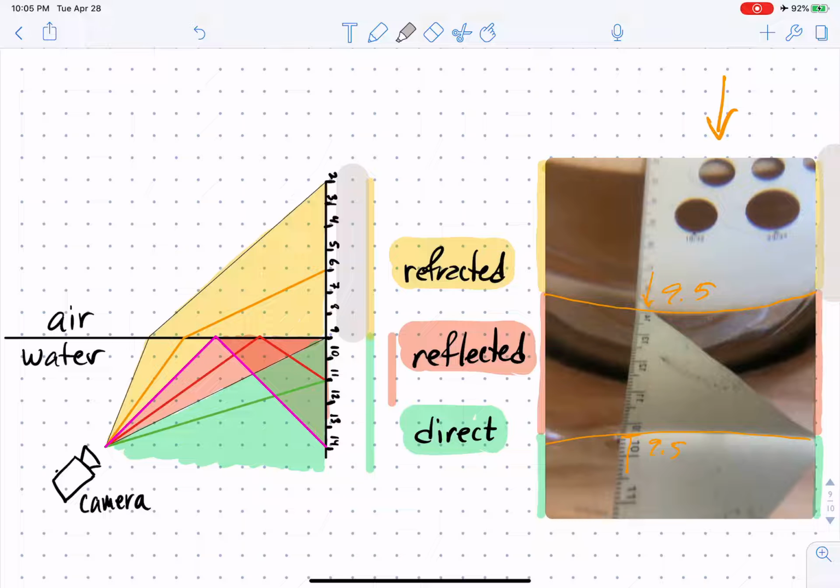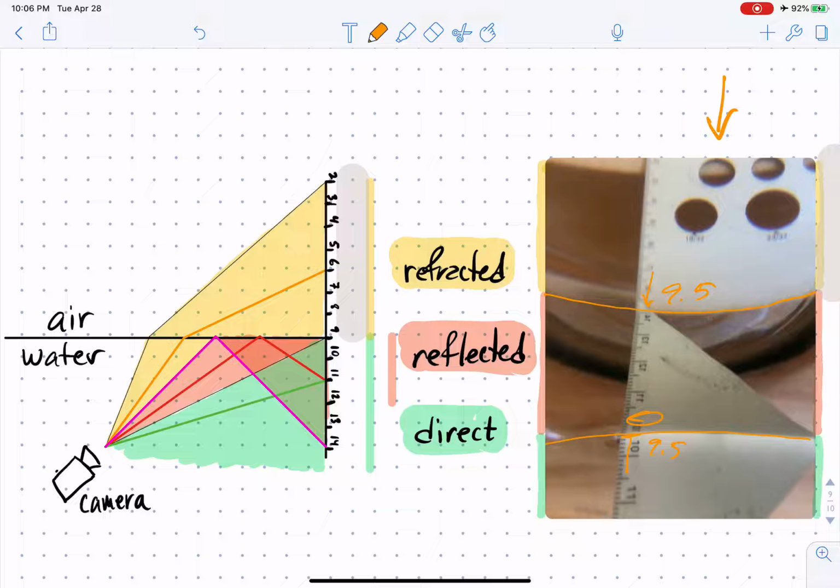The interesting thing is that in order to see the 9, you have to look up higher than you would normally. You don't look just above where you see the 10, because you see the 10 over here, right there, but you see the 9 by bending light.